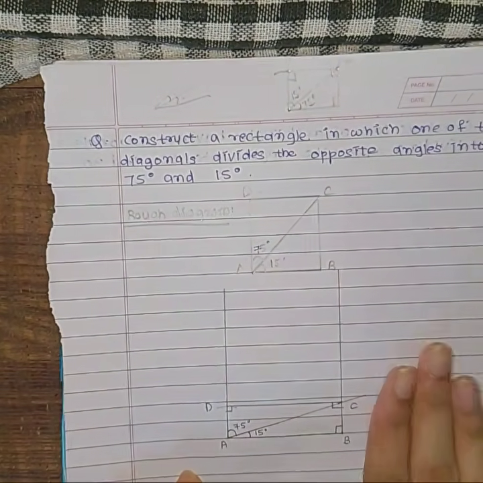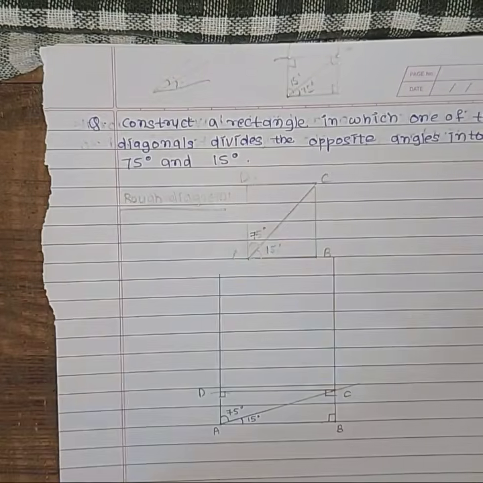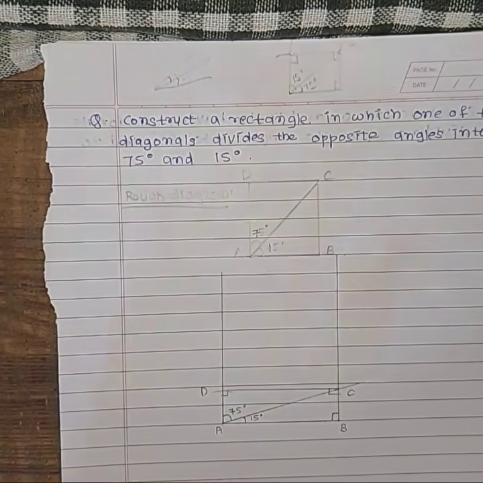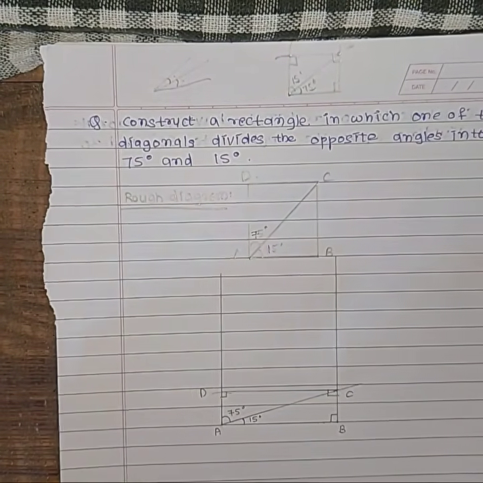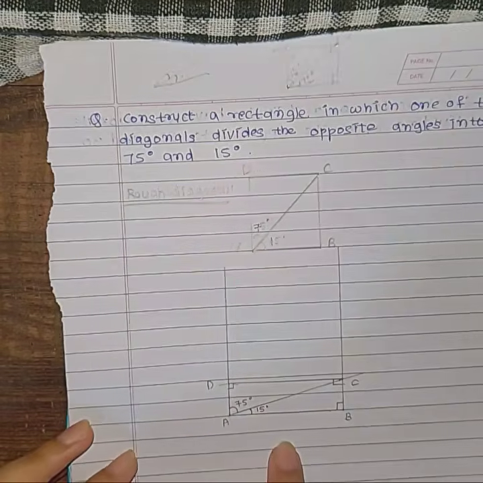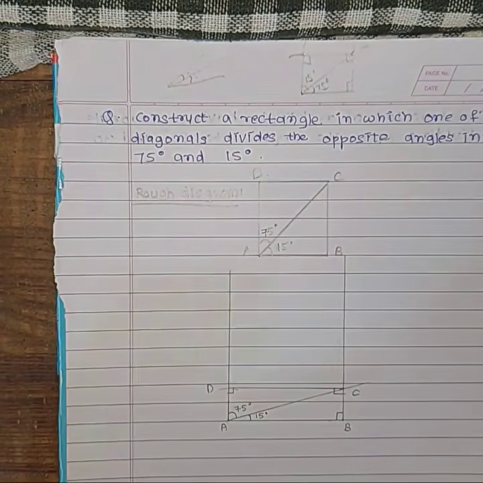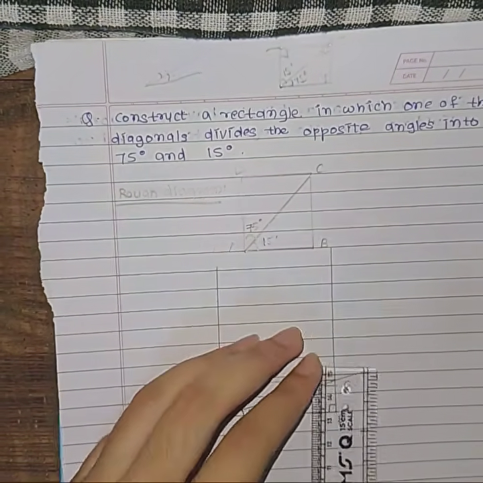So this is how you have to construct a rectangle in which one of the diagonals divides the opposite angles into 75 degree and 15 degree. Now if it is told to you in school to write the measurements, then you can just measure and write. We have taken 5 centimeter.